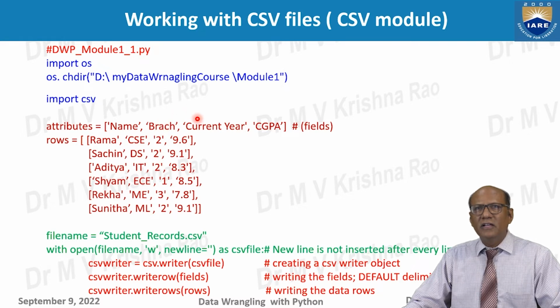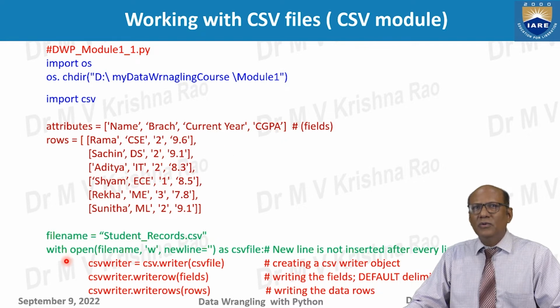There is a current year, second year, first year, third year, like that. The branches are computer science engineering, data science, information technology, electronics and communications, mechanical engineering, machine learning. So you have the names, the year in which the student is studying, and these are CGPAs, the cumulative GPA. So this is the data.